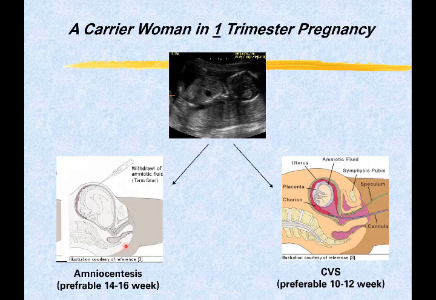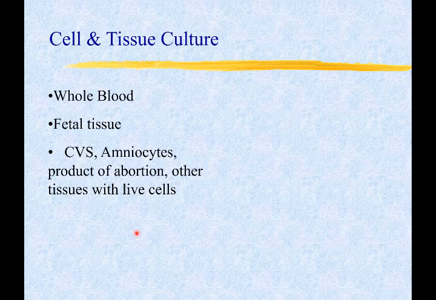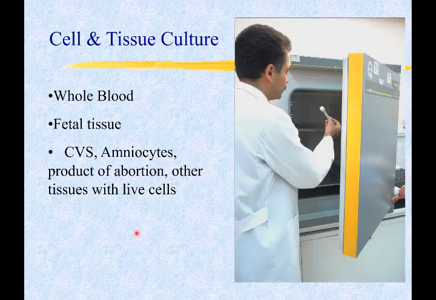And usually the withdrawal of amniotic fluid is 1 cc per gestational week, which does not have adverse effects on the fetus. Now we culture various cells in the laboratory for chromosomal abnormality detection and karyotype testing.